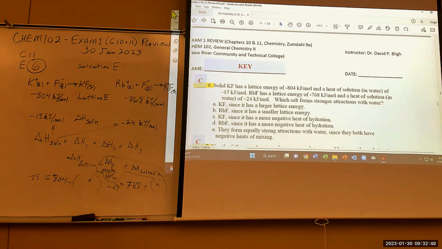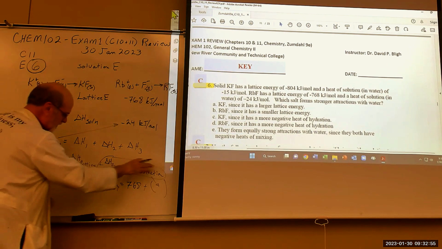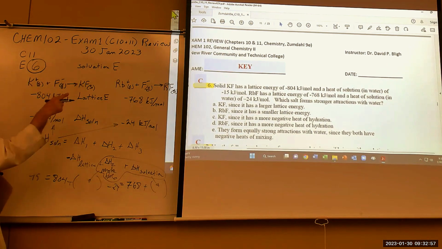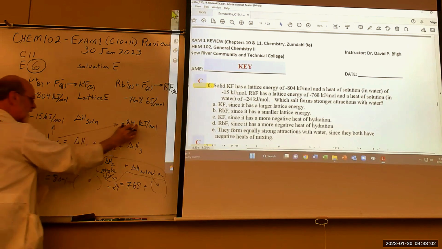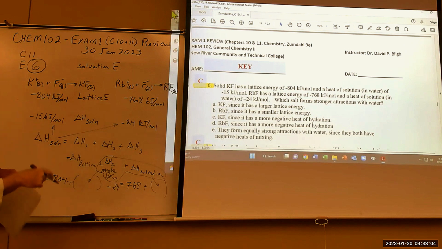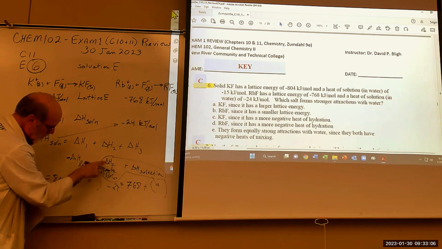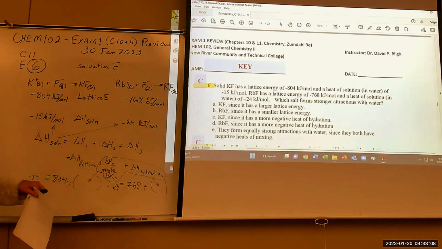All right, have I lost you yet? What I'm trying to say is that these three processes are involved for either one. And we know what the net result is here and here. But this one, where you make a hole in water, is going to be the same for both of them.